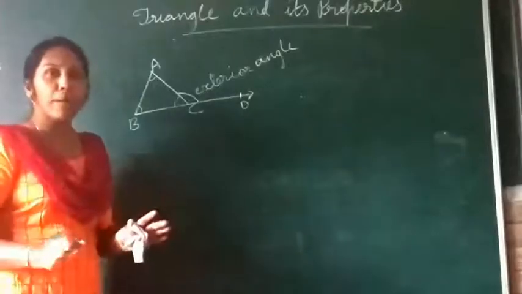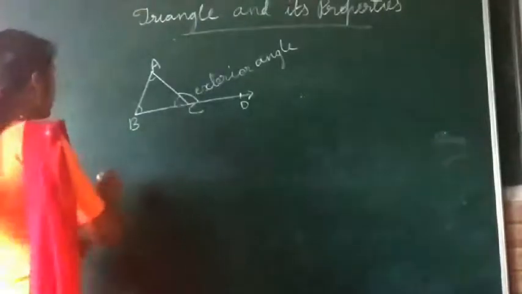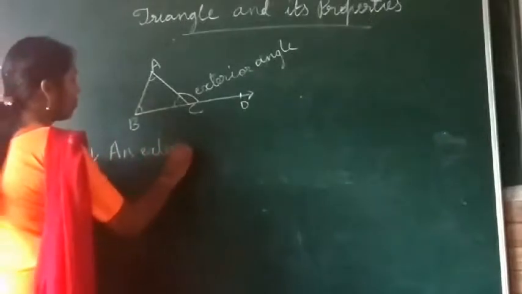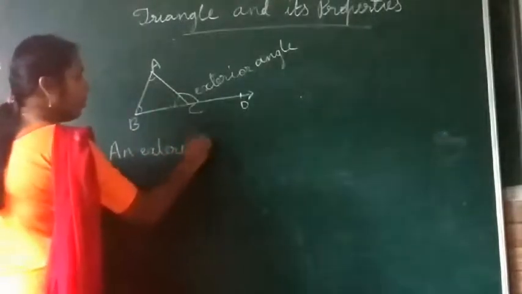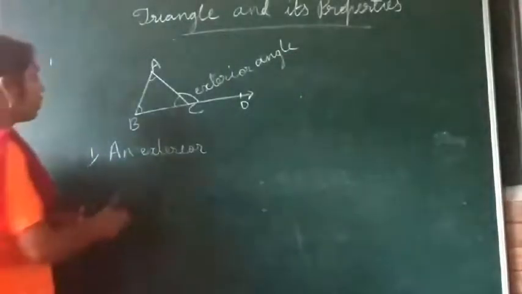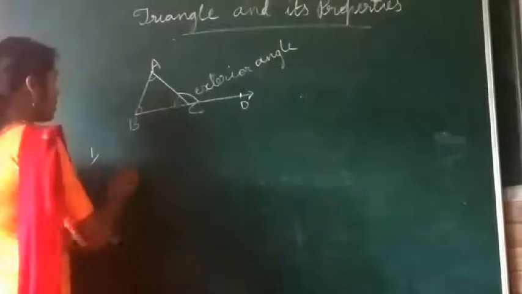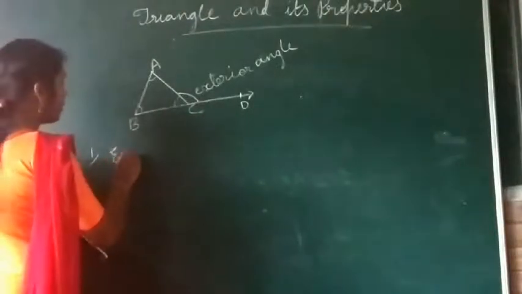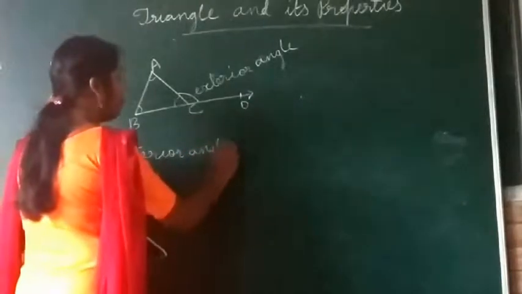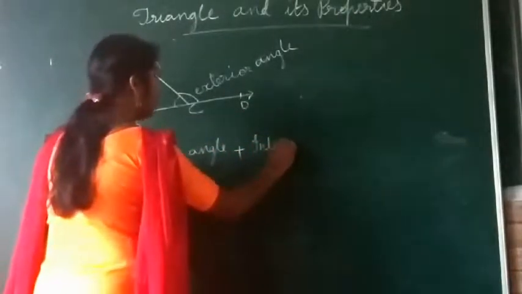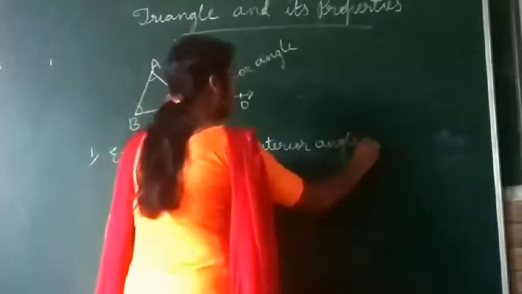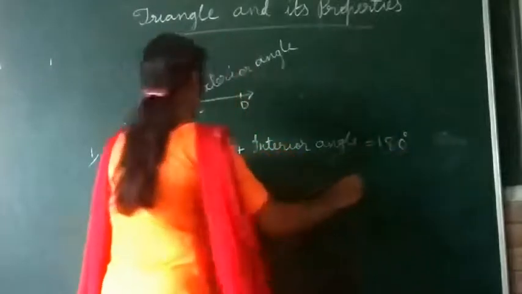Now there are 2 properties related to exterior angles. The first property is that the sum of an exterior angle and an interior angle will always be equal to 180 degrees. That means exterior angle plus interior angle is equal to 180 degrees.